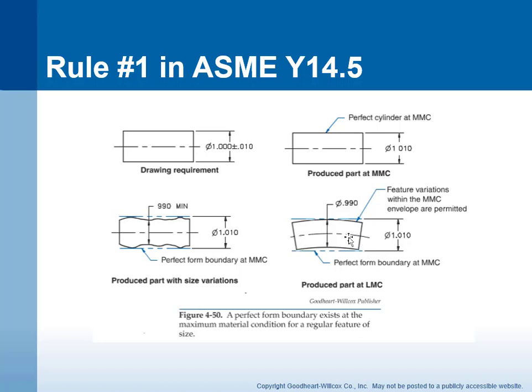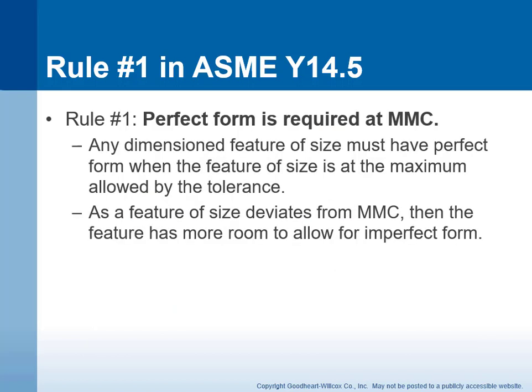So this part's a little bit banana shaped, but that's permissible only because the part is at its least material condition. Now, if the part was made at its maximum material condition, like here, it has to be in perfect form to fit within this perfect form boundary. That's rule 1. Perfect form is required at MMC.